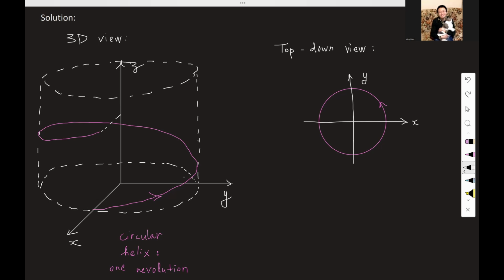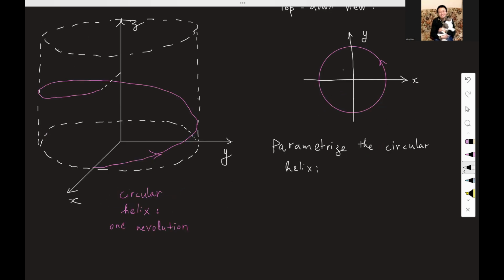First, we need to find a parameterization of the circular helix. Because the projection on the xy plane of the helix is just a circle, that's the radius r. So x equals r cosine theta.